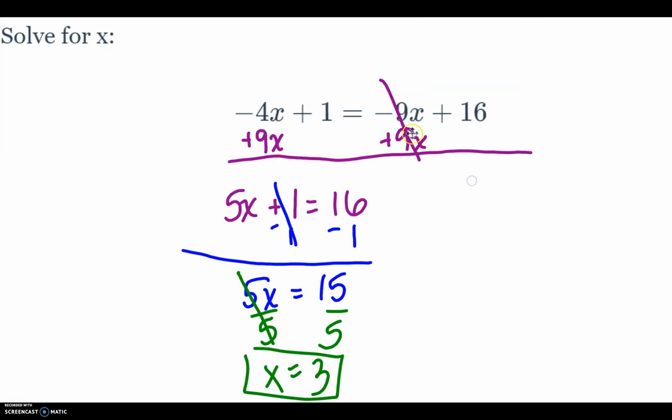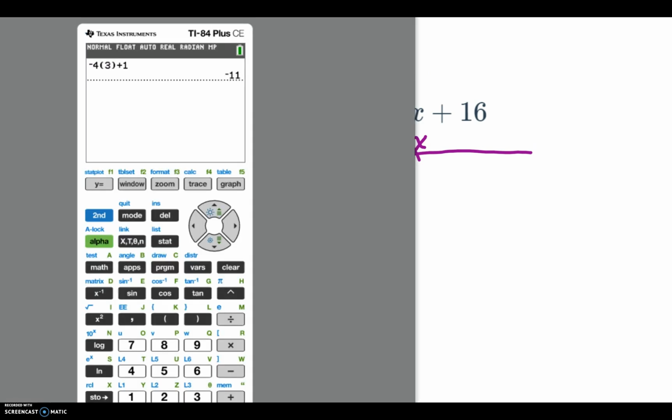And when I substitute x in on the right-hand side, my answer when we simplify should be a negative 11 if we did it correctly. So negative 9x, where x was 3, plus 16. So when you substitute in, the left-hand side was negative 11, the right-hand side was negative 11. The equation is balanced. We solved it correctly.